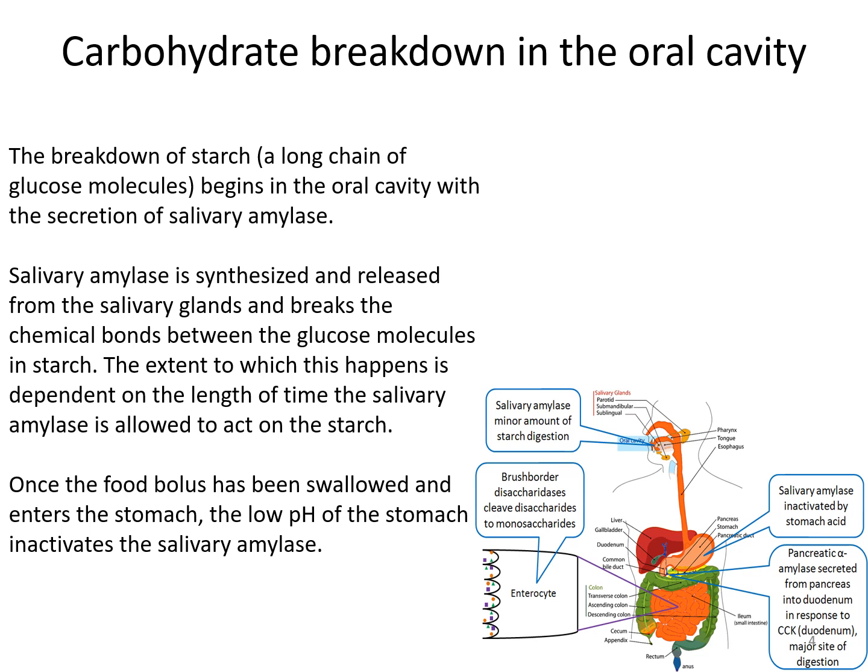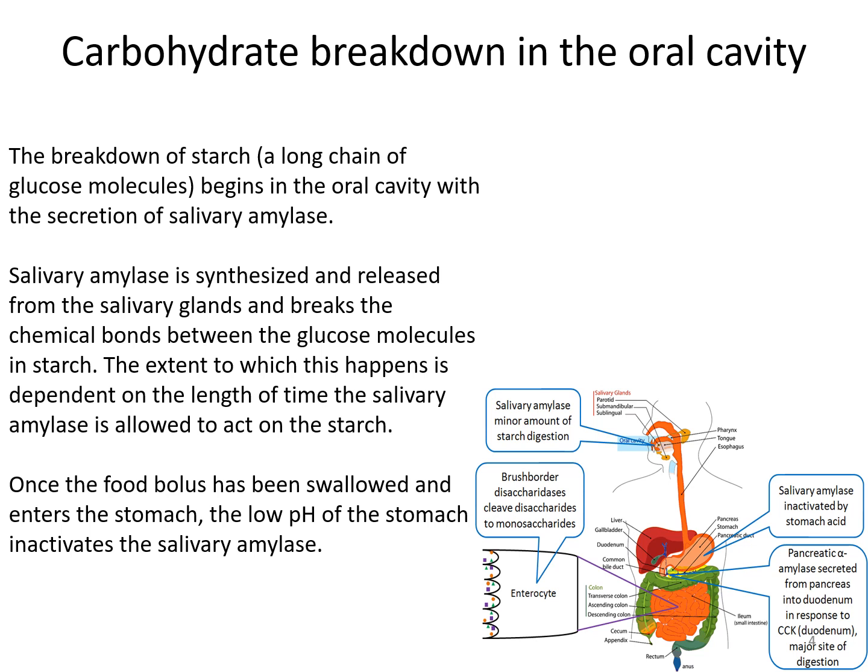Salivary amylase is synthesized and released from the salivary glands, and it breaks the chemical bonds in between the glucose molecules in starch. The extent to which it can break it down depends on how long the salivary amylase is allowed to interact with the starch. So if you're taking your time and chewing slowly, you're going to get a lot more starch digestion in the oral cavity than if you were to eat really rapidly.